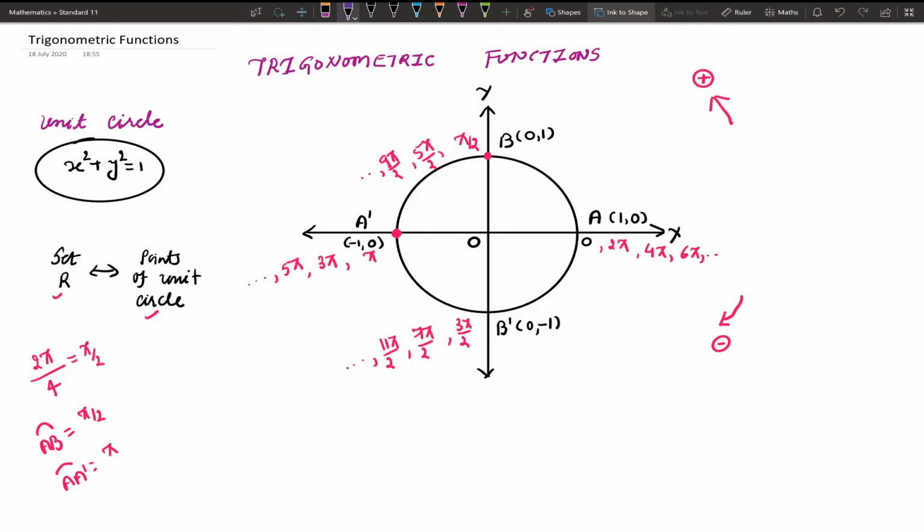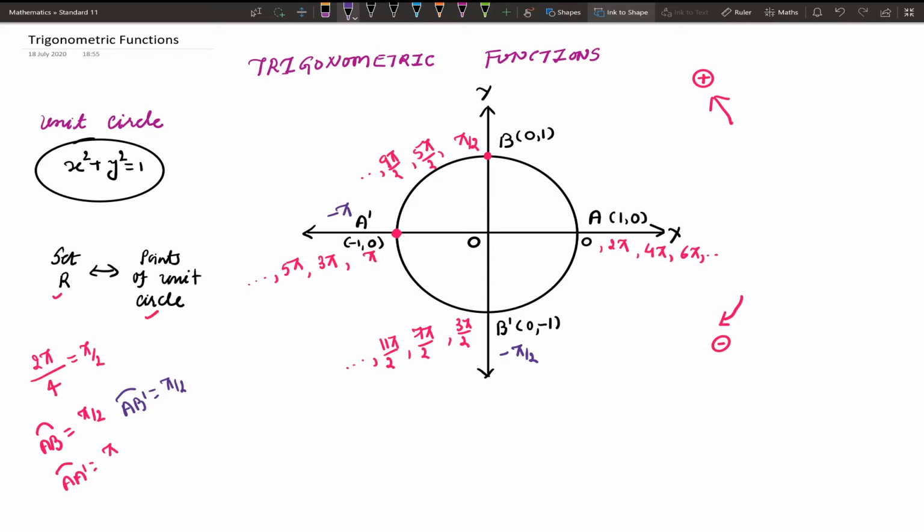You observe, if we measure the length of chord AB', it will remain the same, but due to the clockwise direction, the real number is minus pi by 2, corresponding to point B' of the unit circle. Similarly, from the clockwise direction, if we reach A', the real number is minus pi, corresponding to point A' of the unit circle.